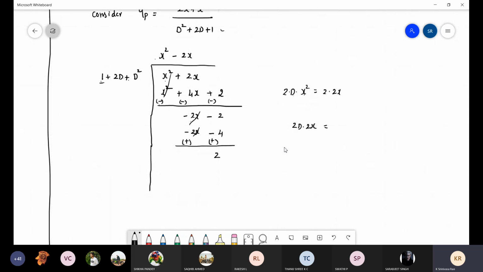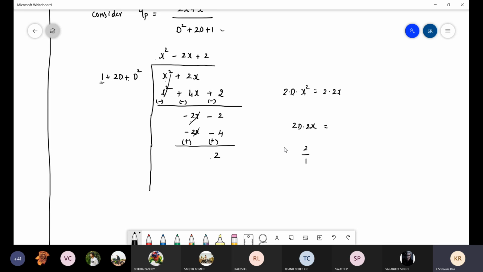Now only one term is left here: 2 divided by 1. The numerator goes over the first term in the denominator. 2 by 1, don't confuse it and write 1 by 2. 2 by 1 is 2 with plus. Both are plus, therefore plus 2.